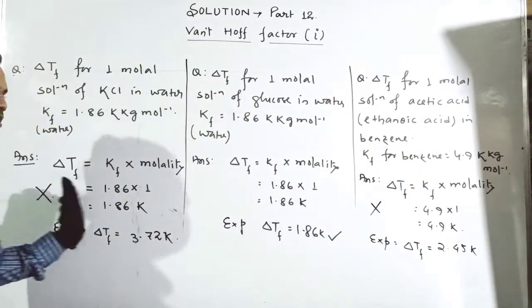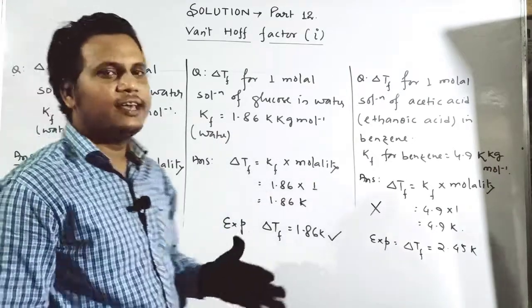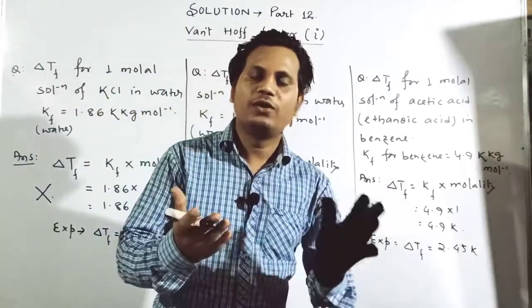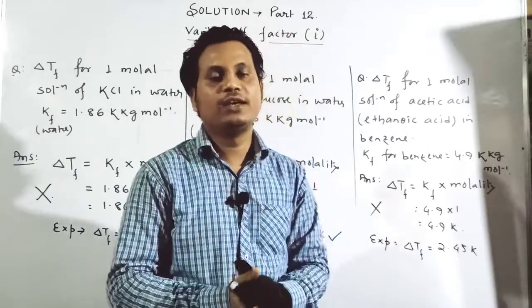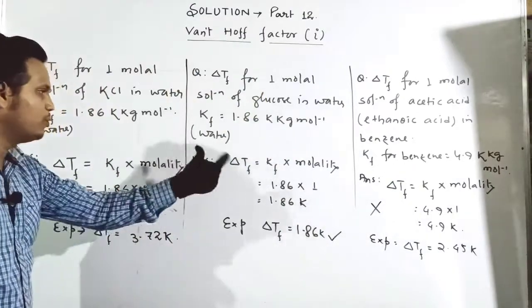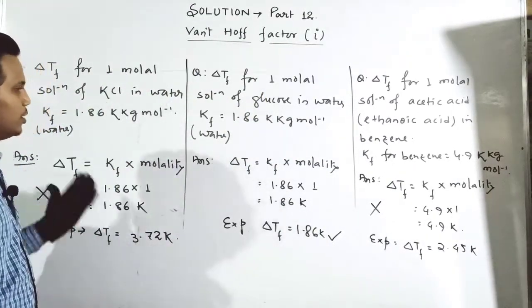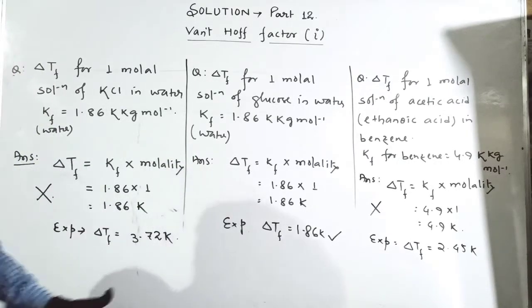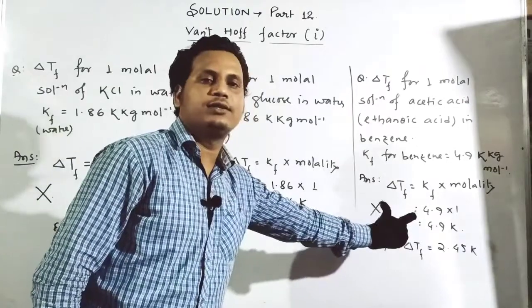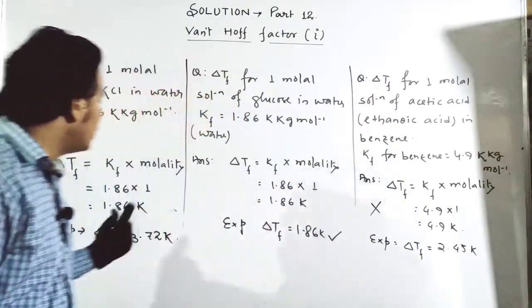But in our earlier study, we have also explained del Tf. One video is there. We already studied the formula and did many numericals on the basis of this formula only. Molar means molality. So according to the formula, the answer is this, this, and this, but only one is correct. Why are two wrong?